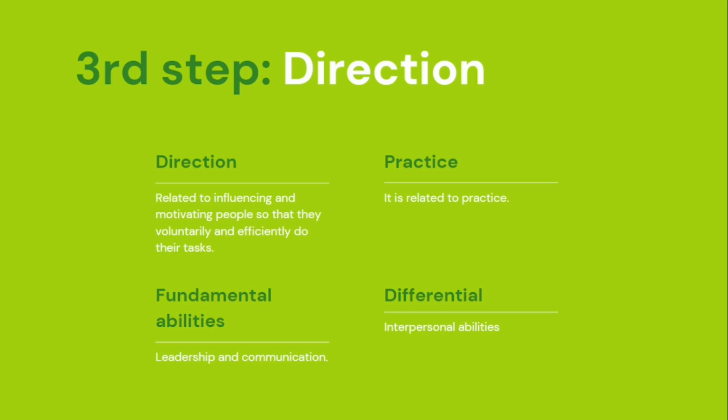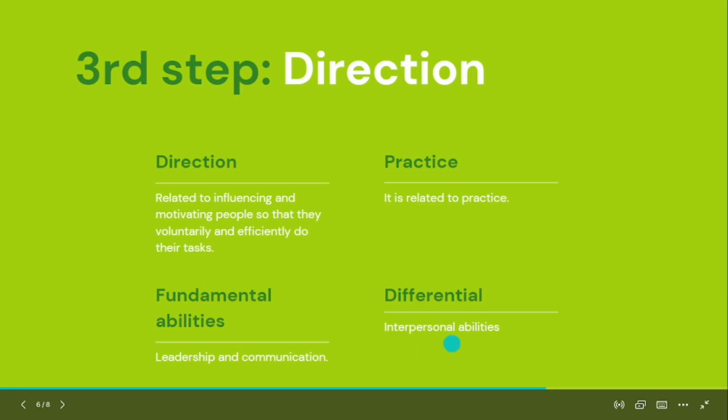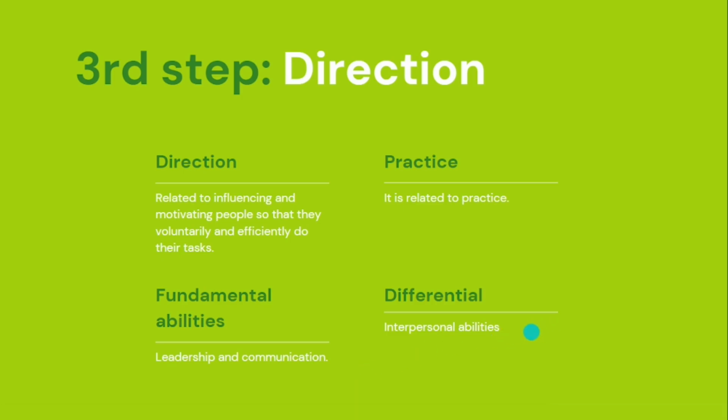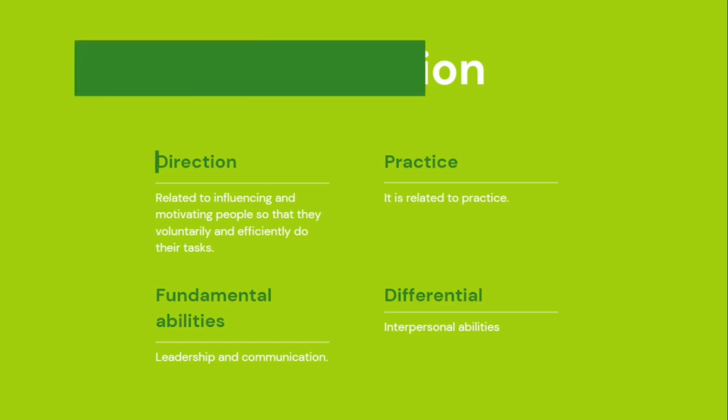And in this step, there are some fundamental abilities, for instance, leadership and communication. And it is a differential if you have interpersonal abilities, for instance, how to motivate people, how to intermediate conflicts, how to solve conflicts. These are abilities that are very welcome in this third step.